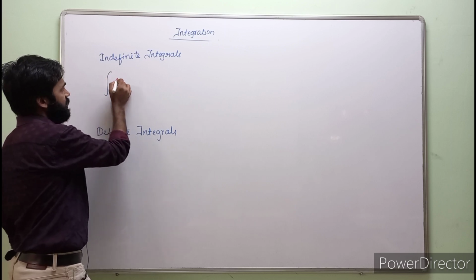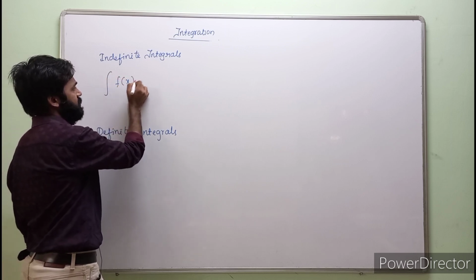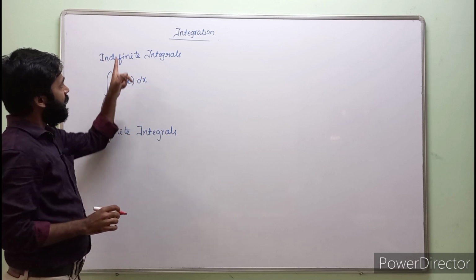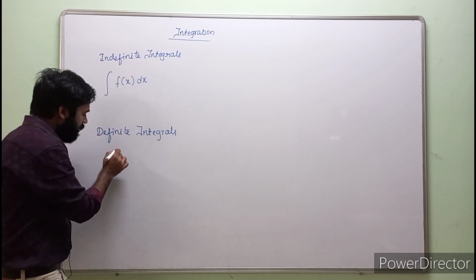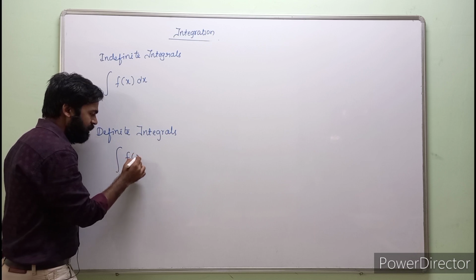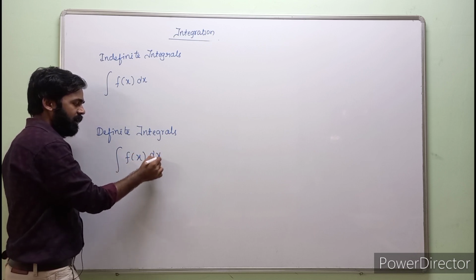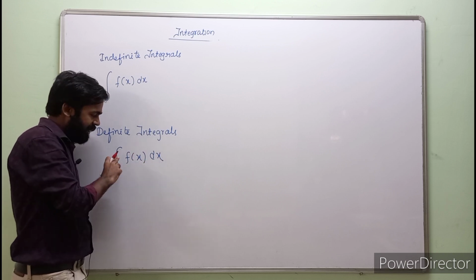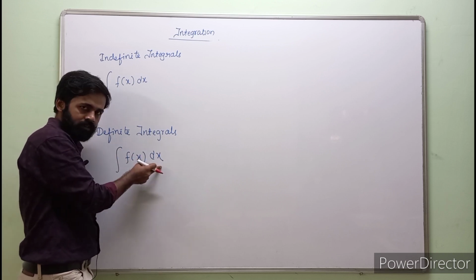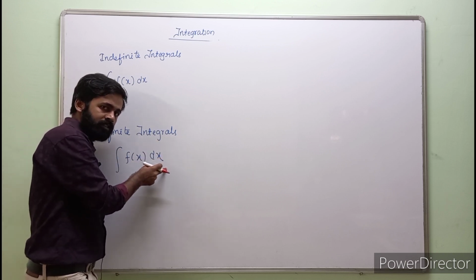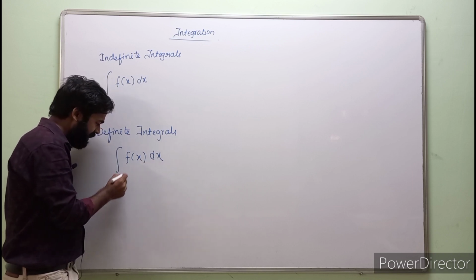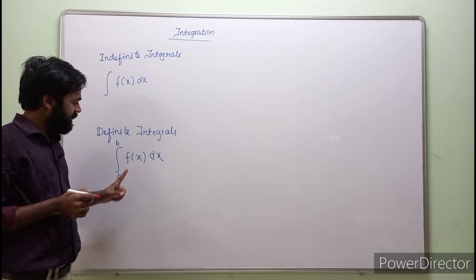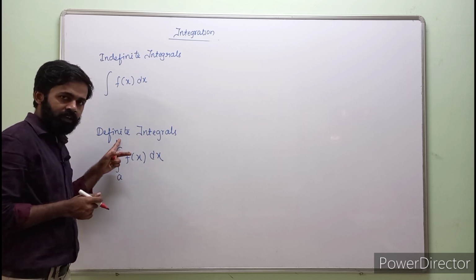Now, if I take integration of f of x dx, this is indefinite integral. If I take integration of f of x dx and the value of x, because we are integrating with respect to x, varies between, let's say, a to b.